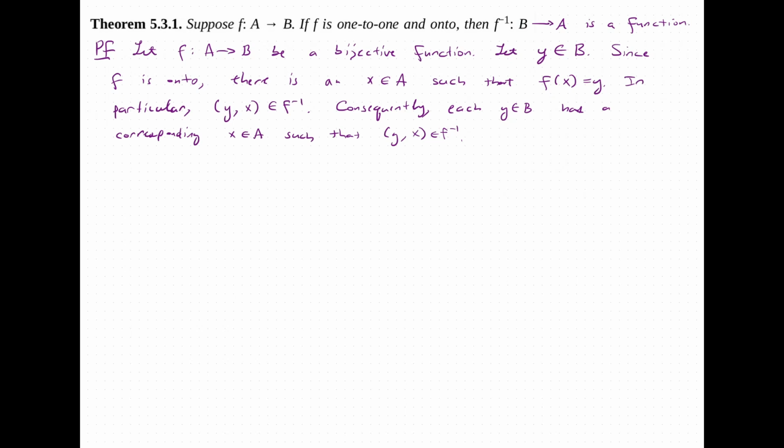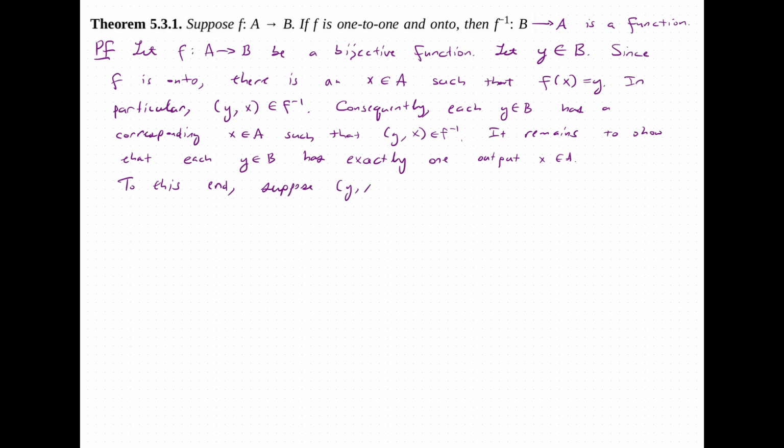So it remains to show that each y in B has exactly one output, x in A. So to this end, suppose y comma x and y comma z are both in the inverse relation.